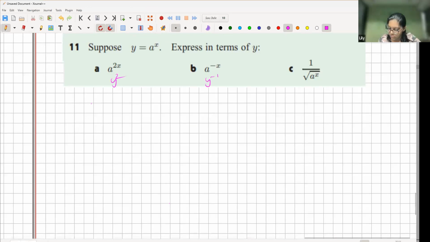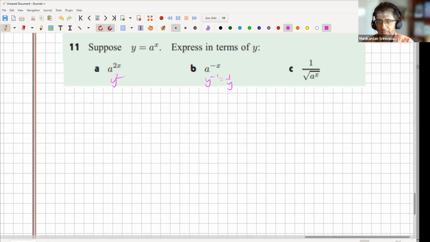Okay. And then Avya. Hello. Yes, Avya. So say minus root of y. Minus root of y. So let me just check.